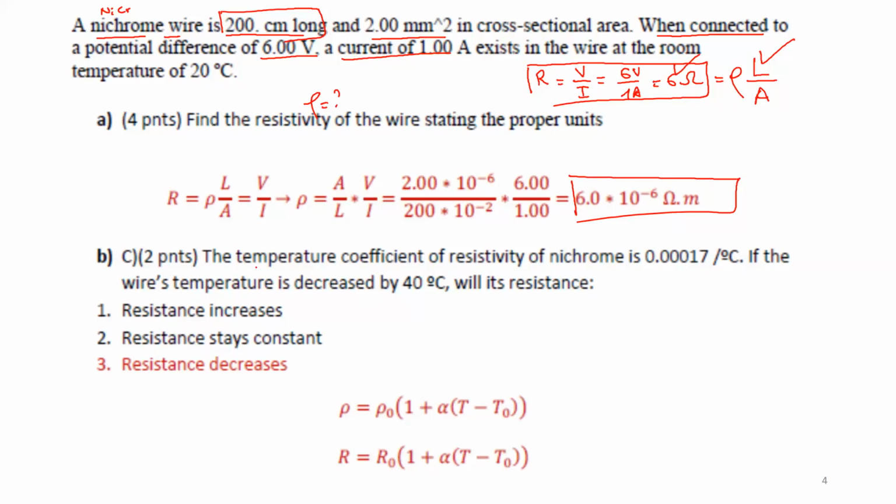So actually, the temperature coefficient of nichrome, the temperature coefficient of resistivity is this number, okay, per degree Celsius. If the wire temperature is decreasing by 40 degrees Celsius, will the resistance increase, decrease, or remain the same?